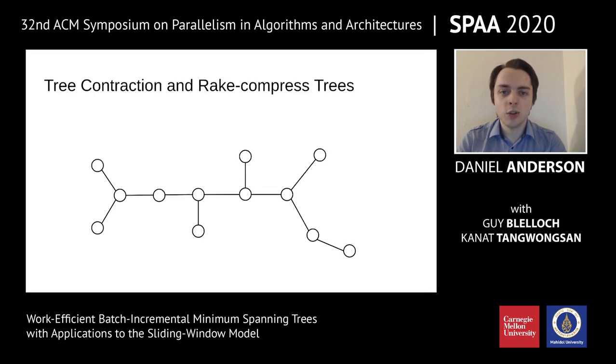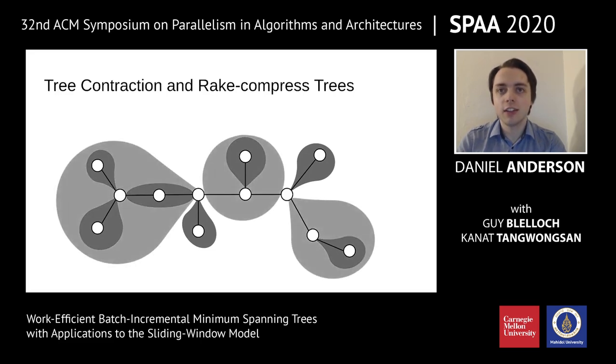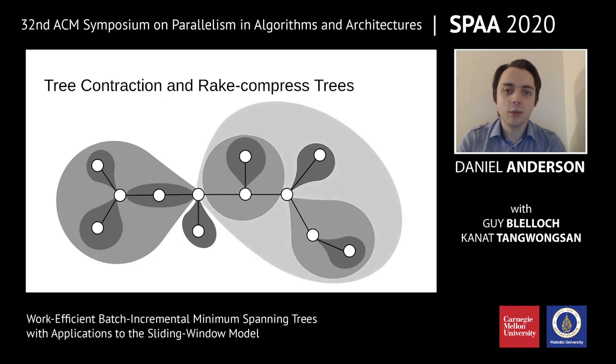Initially, we assume that all vertices and edges are sitting in their own clusters of size 1. So every time a vertex is deleted, it merges with its surrounding clusters, like so. Next time another set of vertices is deleted, they merge their surrounding clusters, and again until we hit the final remaining vertex, in which case everything is merged into a single cluster.